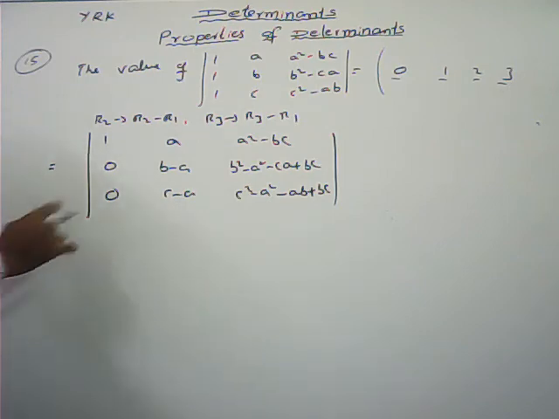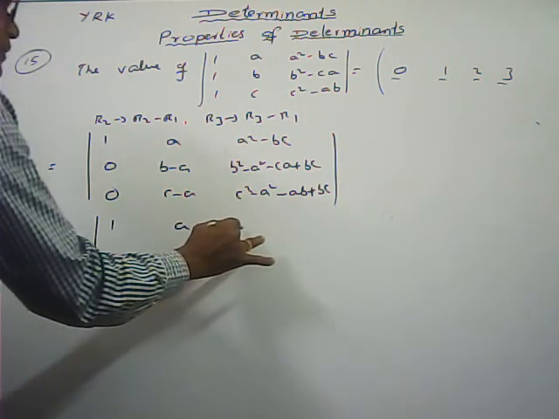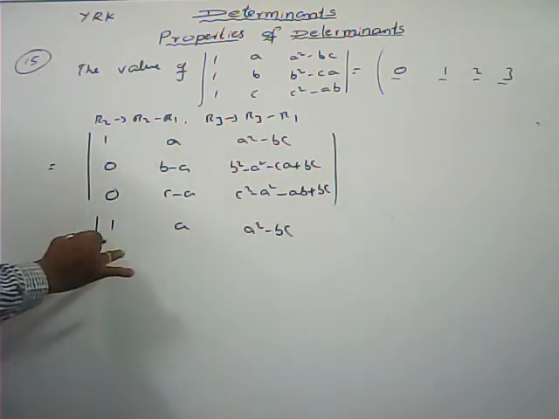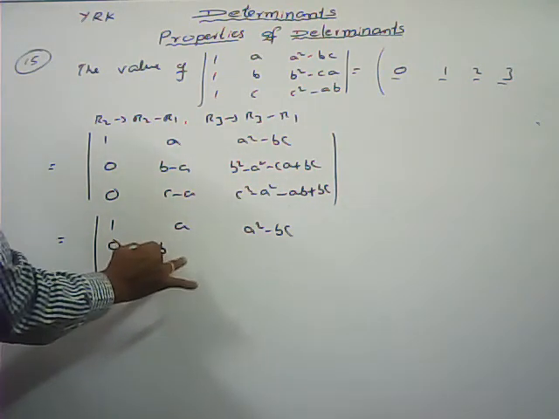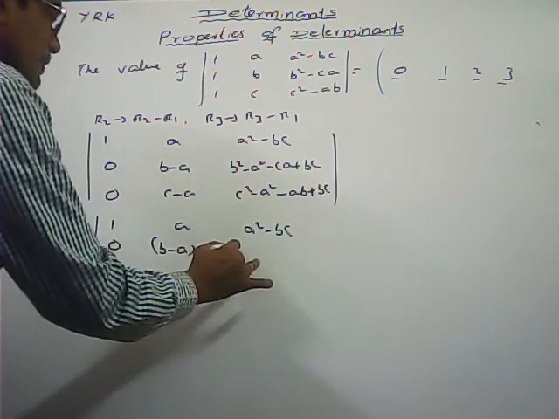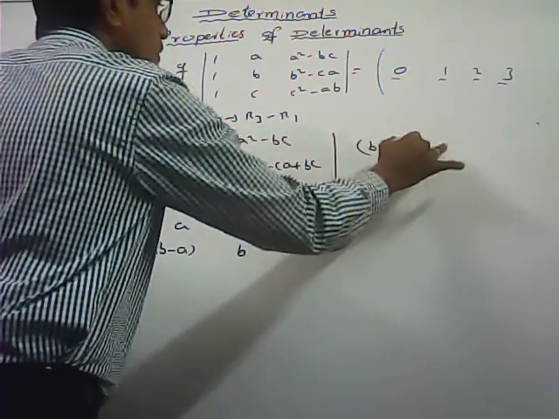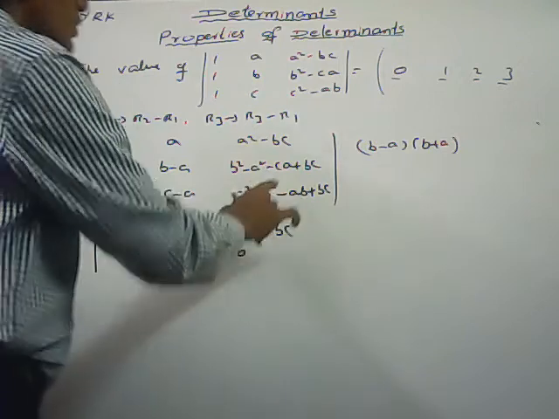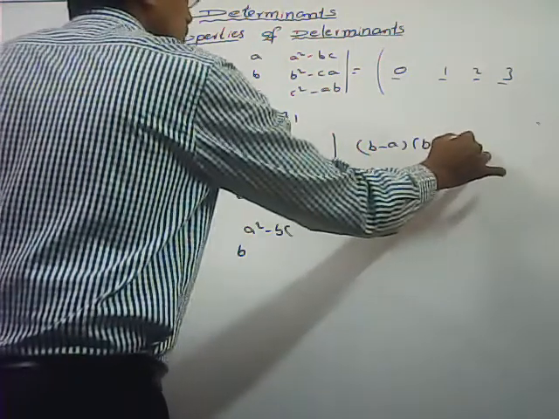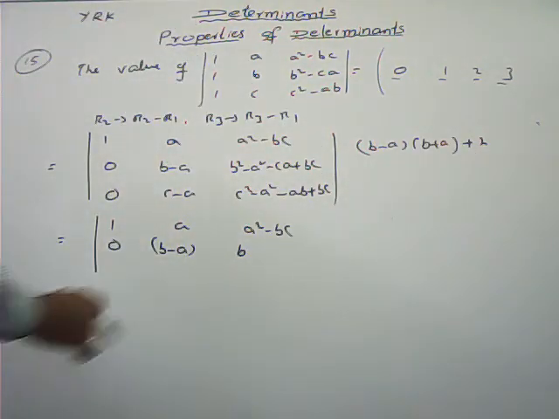So for the simplification, here 1, A square minus BC, 0, B minus A. Here B square minus A square, we can write B plus A into B minus A. Otherwise here I am simplifying this one, B minus A into B plus A. From these two terms I am taking plus B, here C is common.